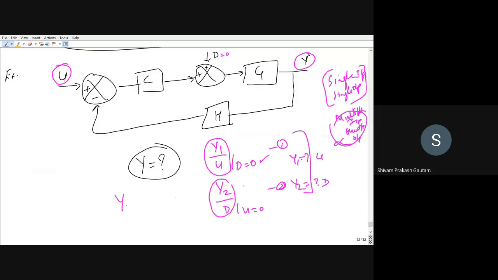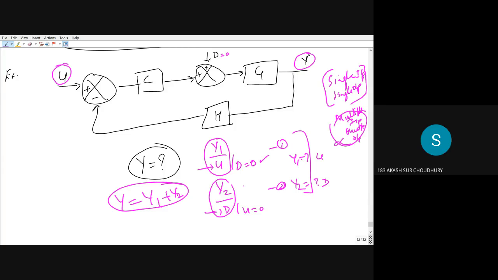Finally, you can write y is equal to y1 plus y2. Y1 and y2 are the responses with respect to input u and input d. Have you understood this? Should we move forward and solve this problem?